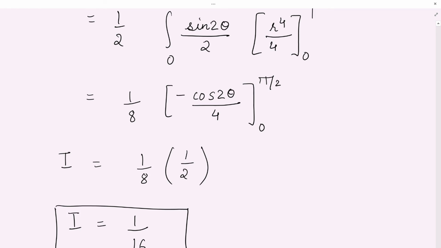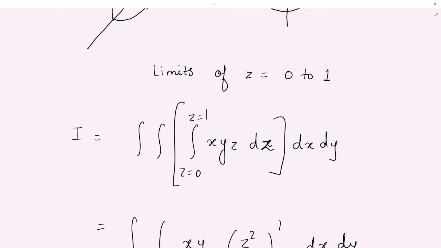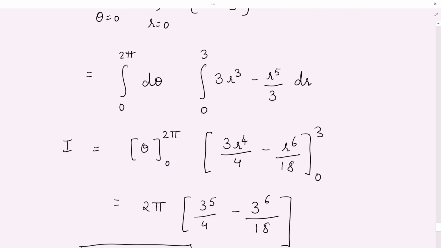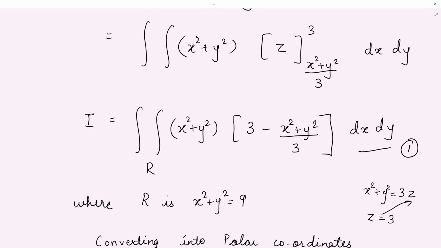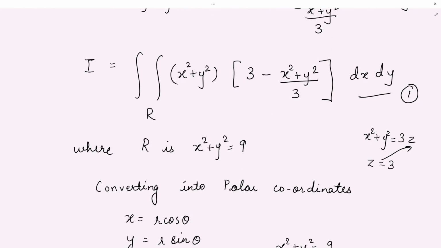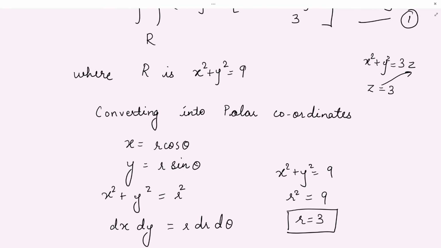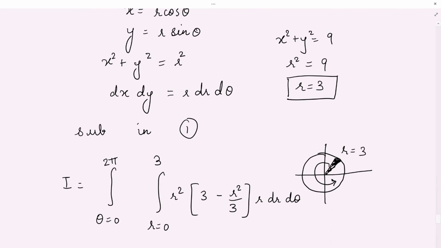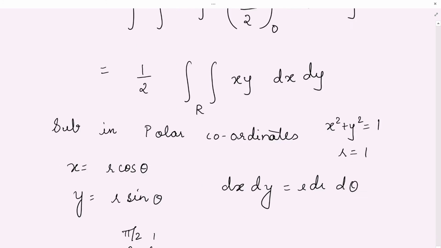Get the value of z, write the values of z, convert the triple integration into double integration, and then the last limits you will convert into polar coordinates and then evaluate the integration. So this is the easiest way. Always remember, first find the value of z, convert it into double integration, and then evaluate.